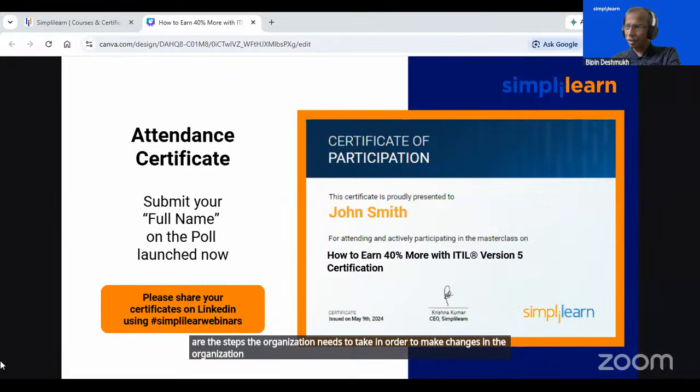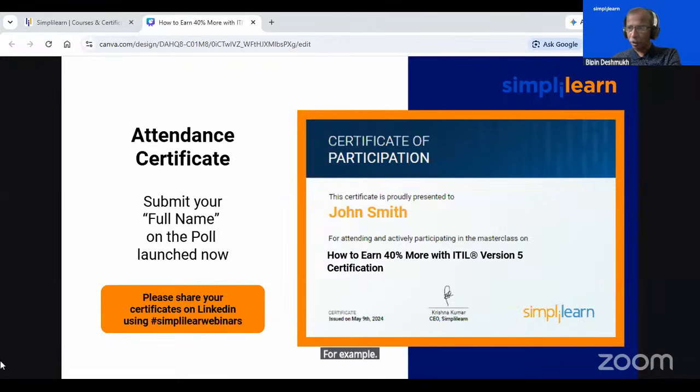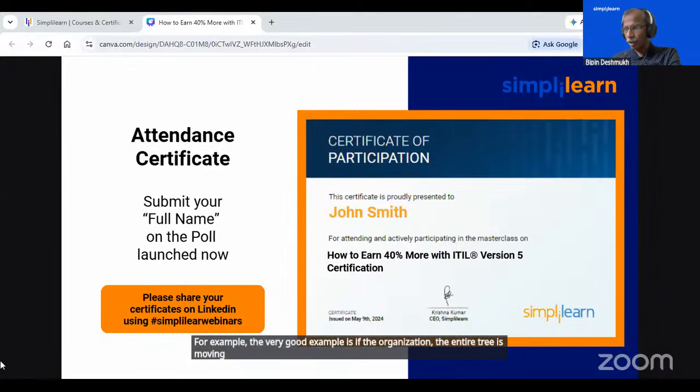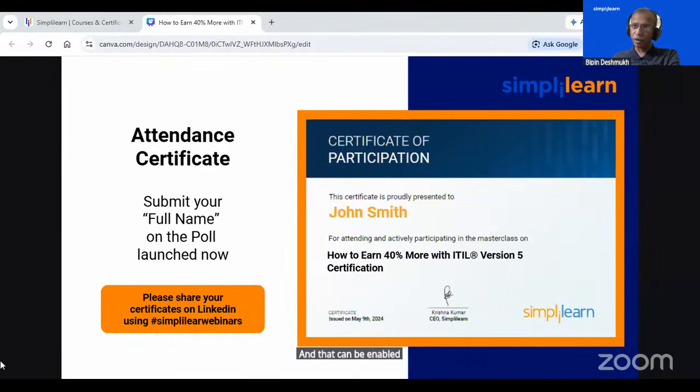A very good example is if the entire organization is moving from 4G network to 5G network, and the spectrum of 5G they are going into globally or wherever their permission has been given to them. They're moving from 4G to 5G. The organization change management practice comes into effect, and that can be enabled by the framework itself as a part of the change enablement management practice.